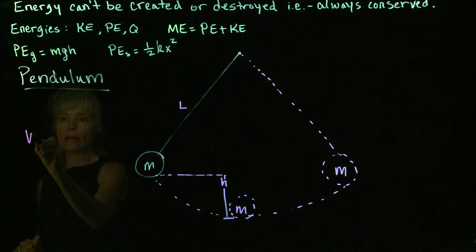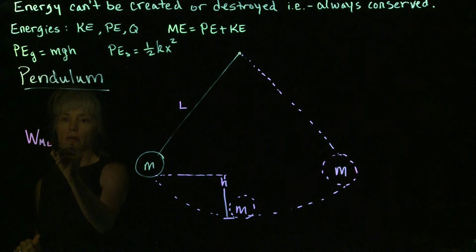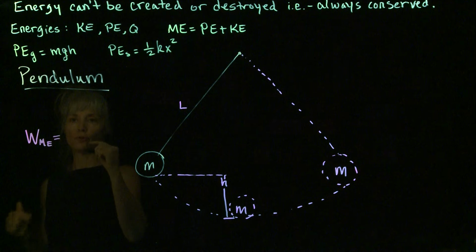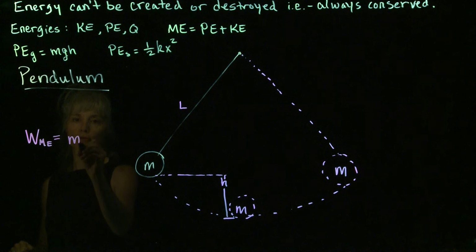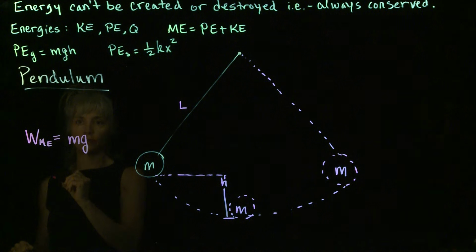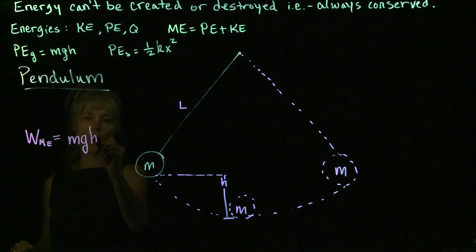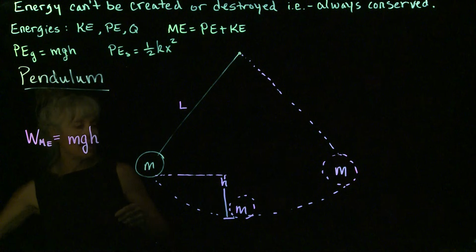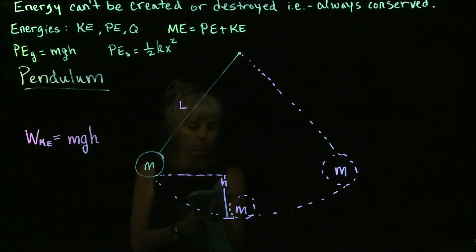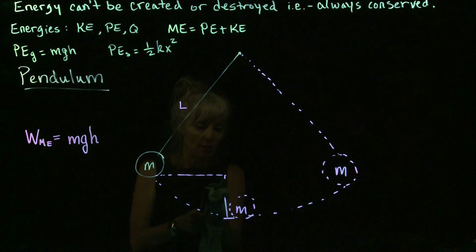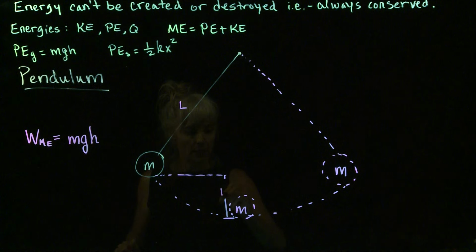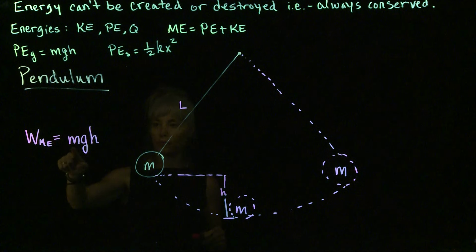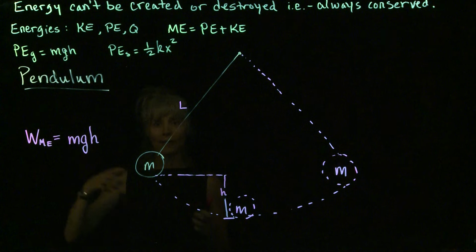The work done by me to start the pendulum system is the force that I exert, which is of course the force exerted against the gravitational field, mg, times how high I place it in the gravitational field. I've defined that height as h, and I'll write h here. So I have displaced it a distance h in the gravitational field. This is the work that I did.